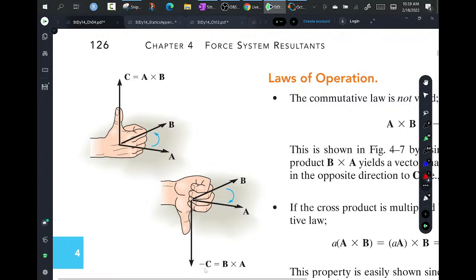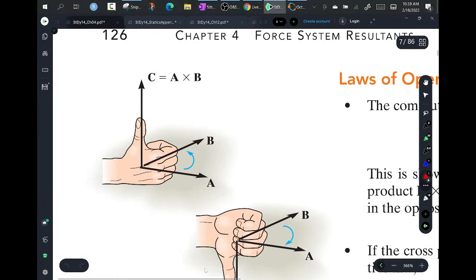There is something else that's very interesting here, and it's used a lot in dynamics.